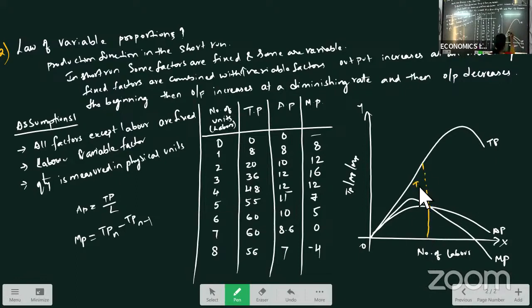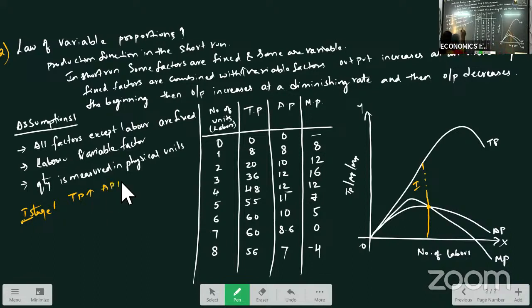In the first stage, what is happening here? Our TP is increasing. So, we have to explain this one. Okay, we will write here: first stage. What is happening in our first stage? TP increasing. See, our TP is increasing in the first stage, right?